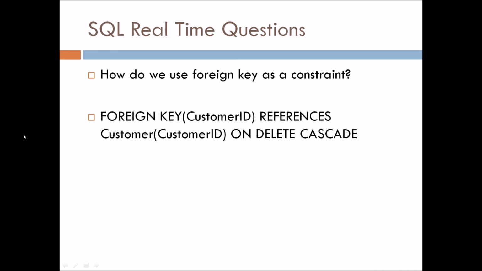So in this way you have to write the foreign key constraint on a specific column. Foreign key, the column customer ID, references the table customer with the column customer ID, on delete cascade. So in this way you can answer or write the code.